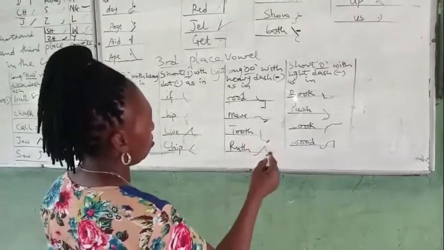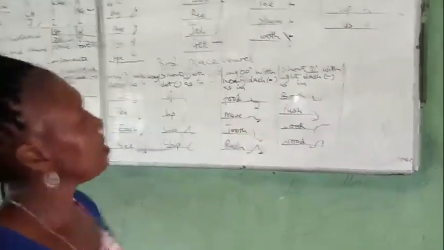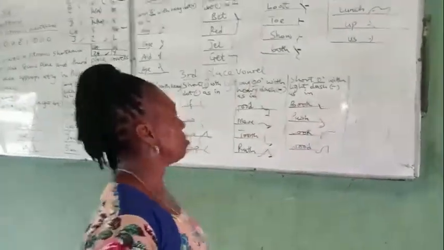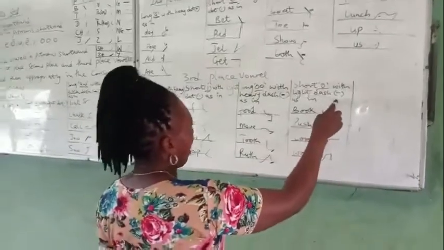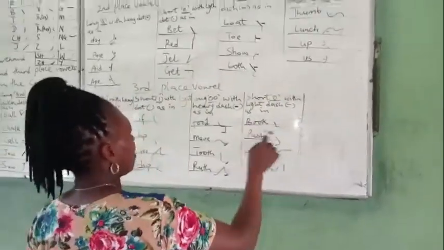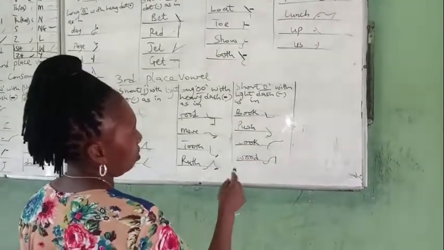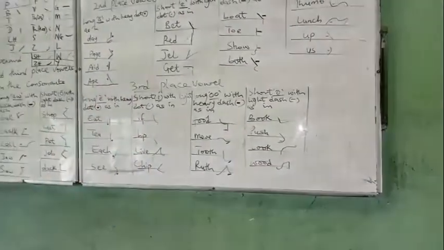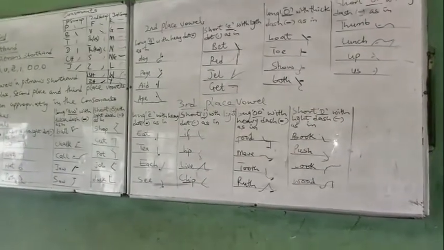Tooth, root, all of them were written through the line. Then the short oo that uses a light dash, as in hook, push, look, wood. All these things must be observed when writing shorthand.